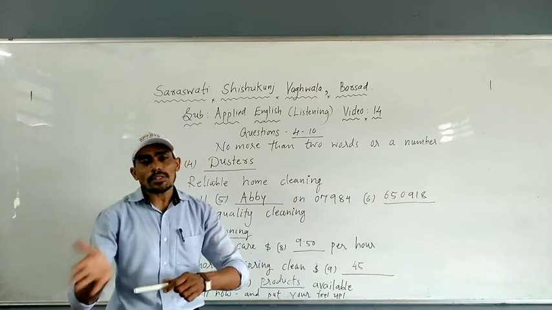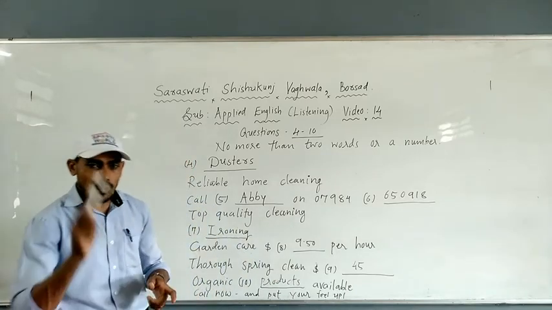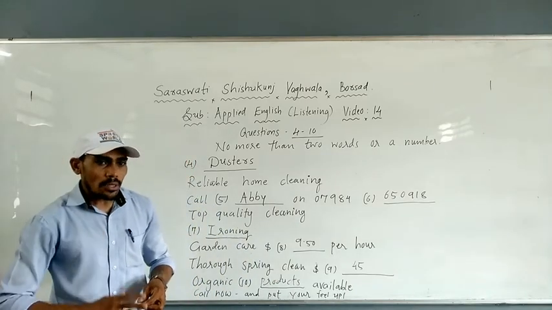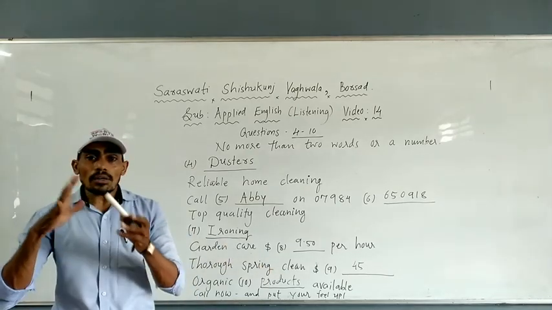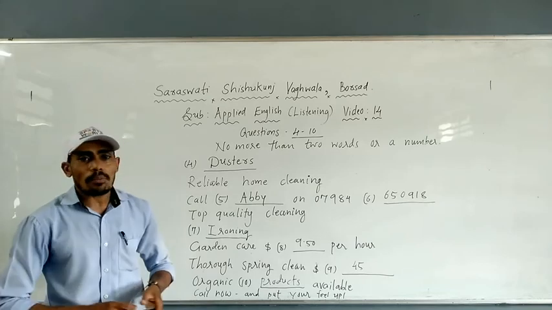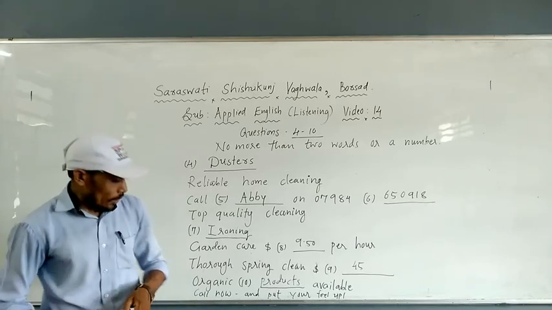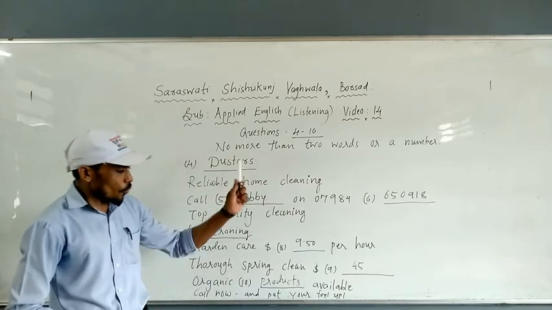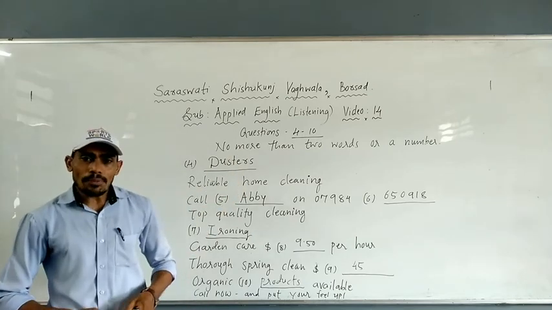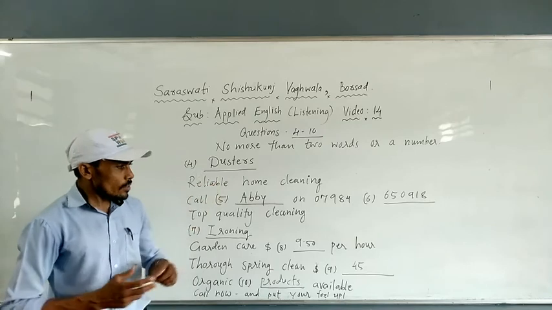It is clearly mentioned in the audio that you can hear. It's 45. Okay. Now it's organic products that are available. What type of products available? Organic products available. Okay. So students, we have discussed questions 4 to 10, and it is very easy to get the answers to these questions.